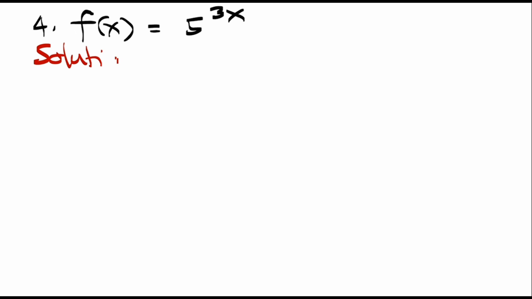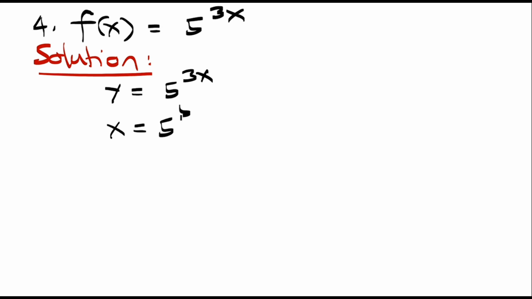So again, let us follow the steps. Step 1, replace this by y. So we have y equals 5 to the 3x. Step 2, make this x and make this y. So 5 to the 3y. So here we have x equals 5 raised to 3y. So this is 3y, this is 3, not 5.